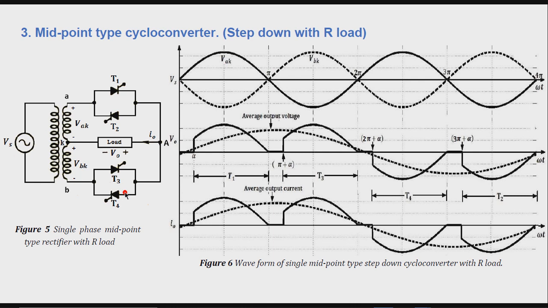When T4 is on, the current flows in this direction, which is the negative direction of the marked load current, and the load voltage follows the negative envelope of the supply. At omega t equal to 3 pi, thyristor T4 is naturally commutated and goes to 0 as shown in the waveform.